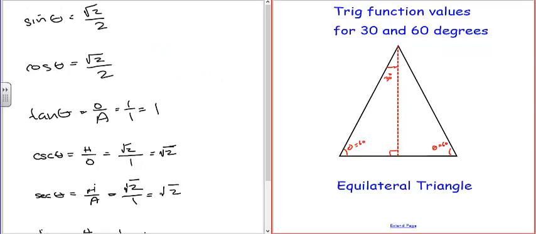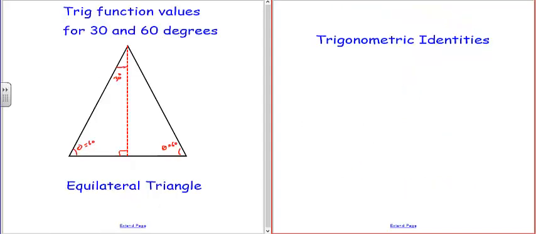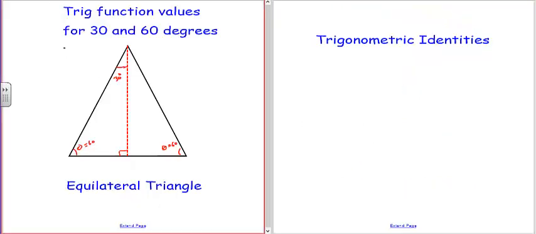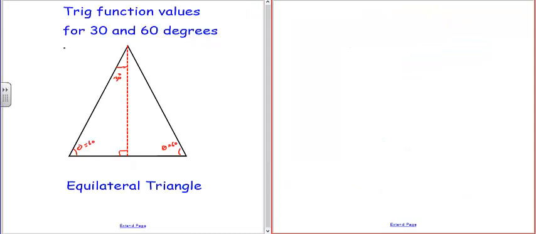Then you can do the same thing as we did before. You can take an equilateral triangle and bisect this side here, bisect the angle, bisect this side, and what you end up with is, as we just did deriving the unit circle, for 30 degrees and 60 degrees.